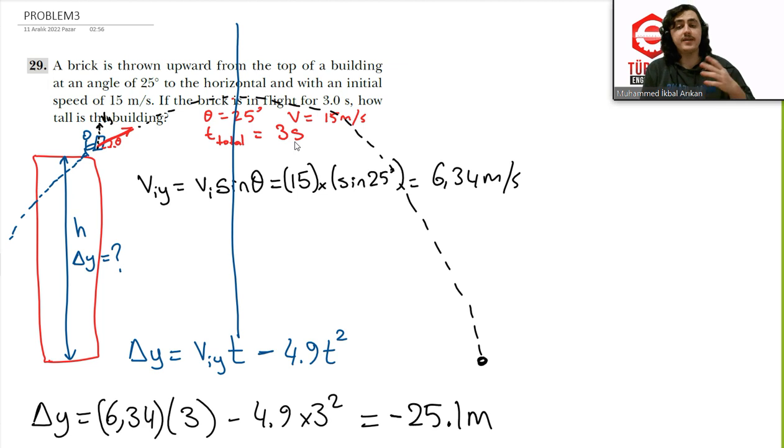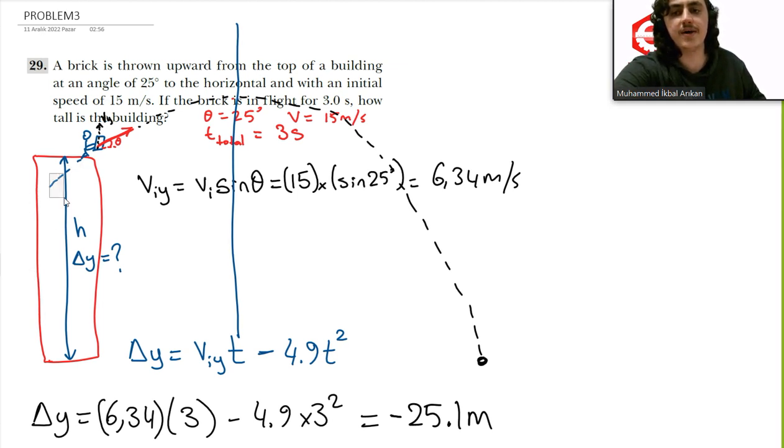If it starts to move from ground level and then reaches ground level, you can say that T max will be half of T total. But in this case, you are starting the motion from an initial height. So you cannot say that half of T total gives you T max. But in this case, I can calculate T max.